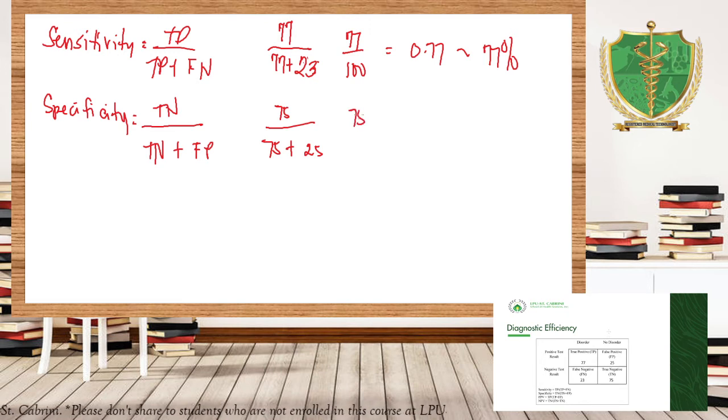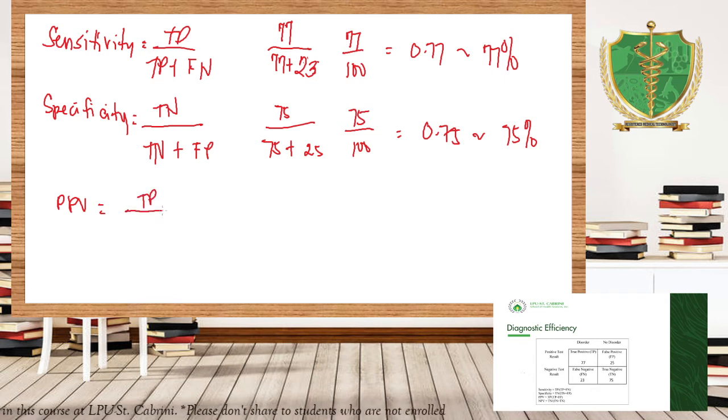So that will be 75 divided by 100. That's going to be 0.75, or 75%. How about for the positive predictive value? We have here true positive divided by true positive plus false positive.